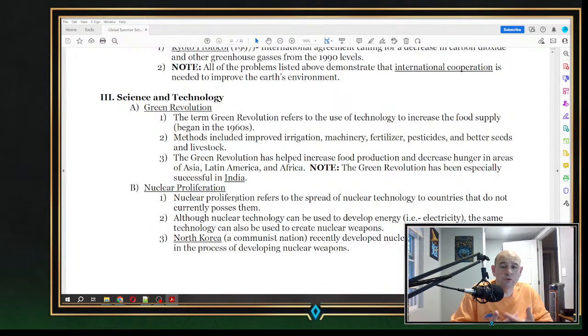So the Green Revolution, I want to make sure you understand, was not a modern idea about environmentalism. It's almost the opposite in some ways. It was using the scientific, technological, and chemical advancements of the early to mid-1900s to help produce the kind of food surplus that much of the developed world has enjoyed for ages now.